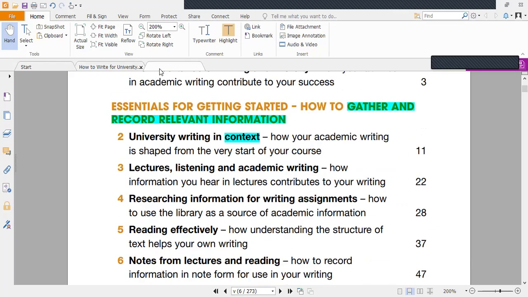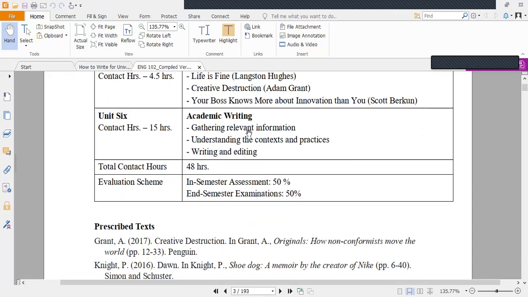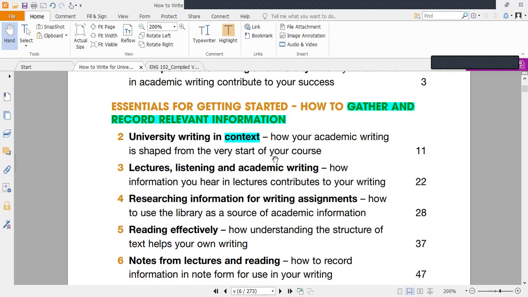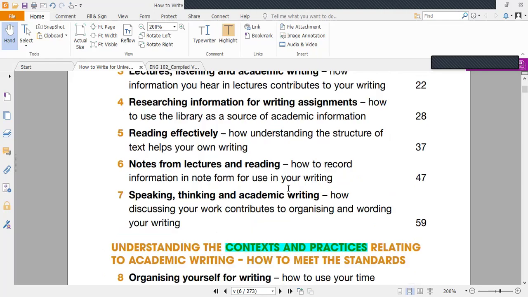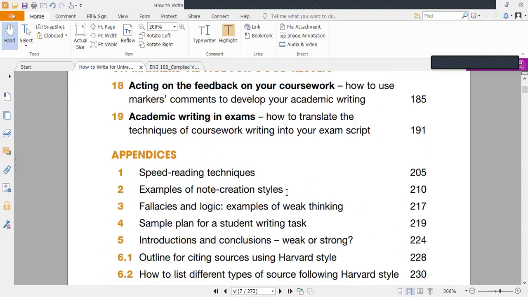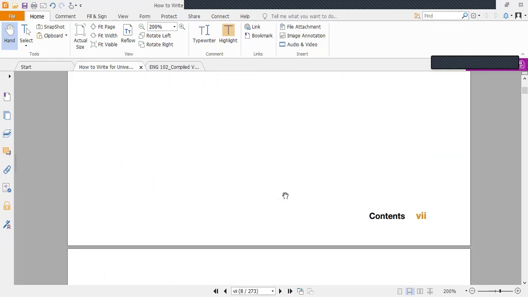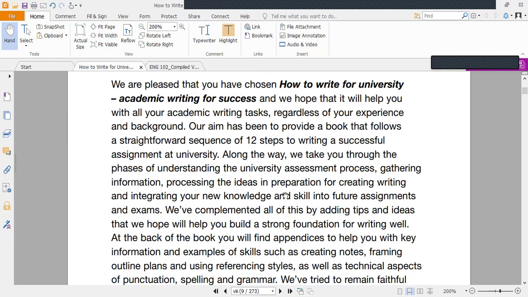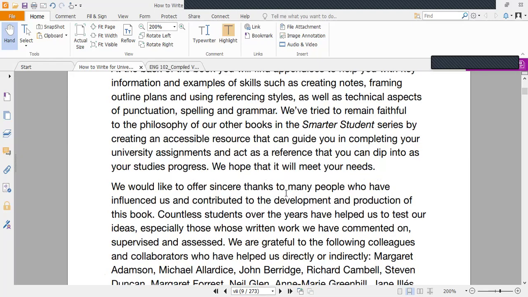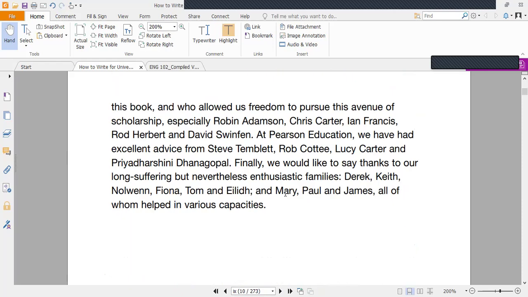Let me begin with the first topic, gathering relevant information. So this is the section. Let's go to the first section and see what is given there. We won't read the preface.